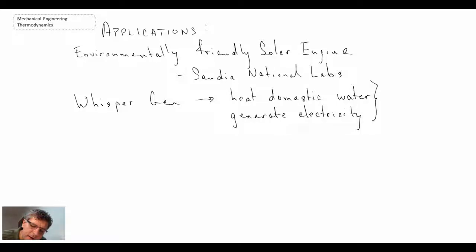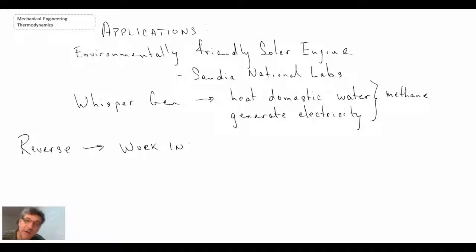And this obviously would be something that would burn methane, so you have internal combustion, but again it's operating like an external fuel engine.